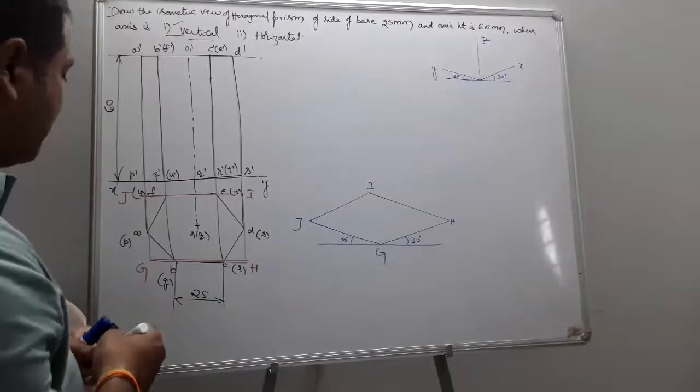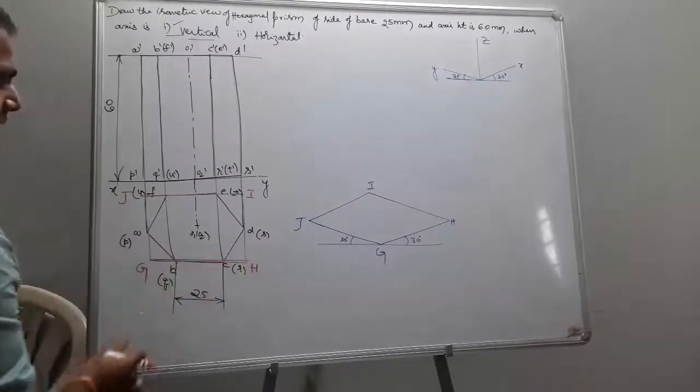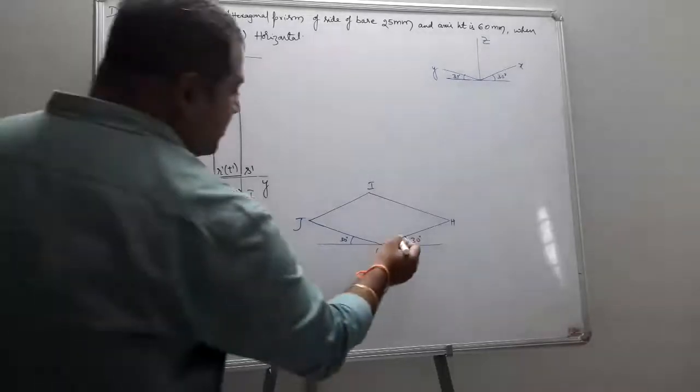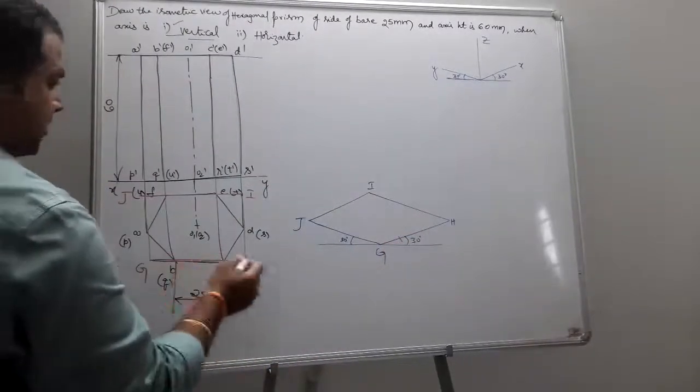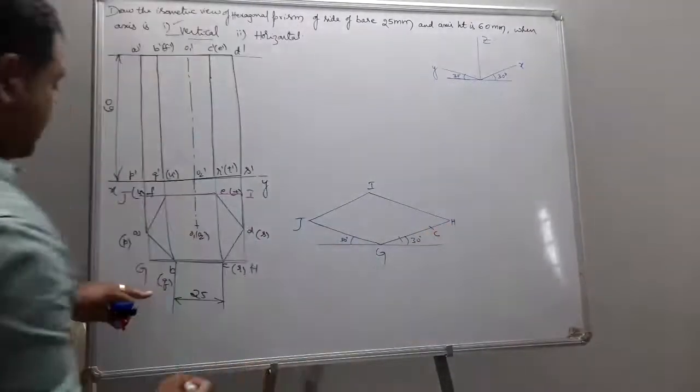Now let us see where the points are. P and C are in between GH, right? So GB as radius, draw an arc, and GC as radius, draw an arc. So this is C. Sorry, these were the bottom points.